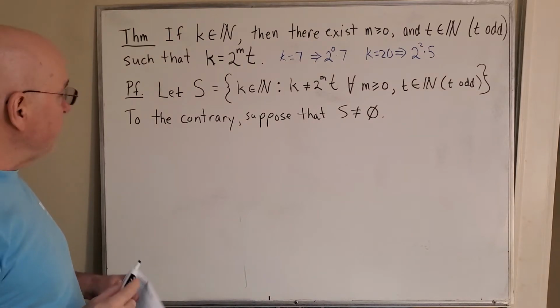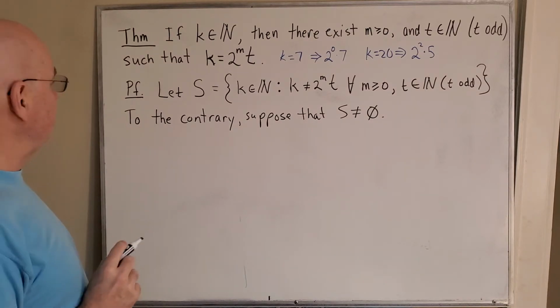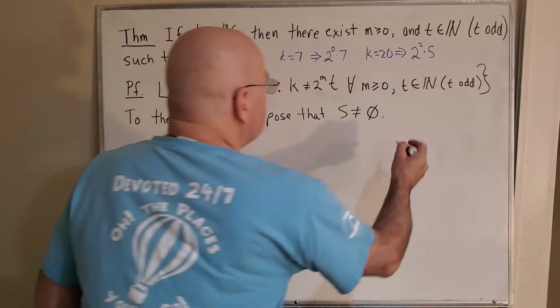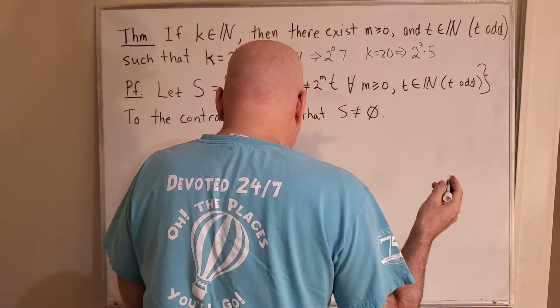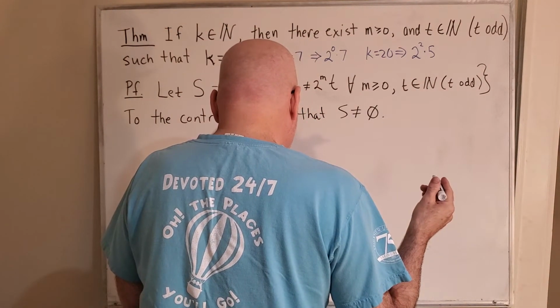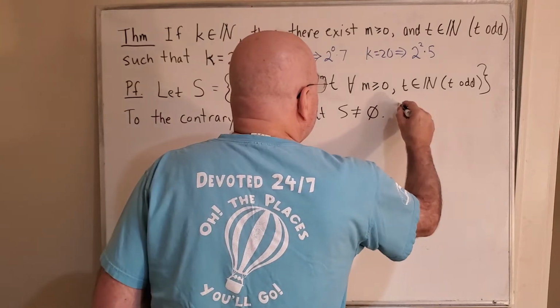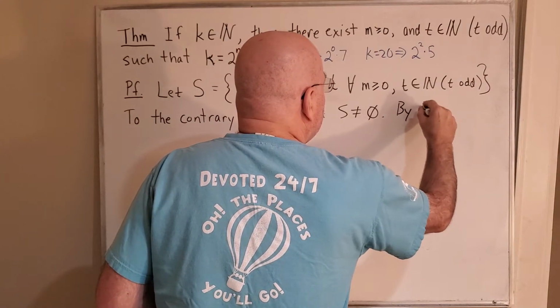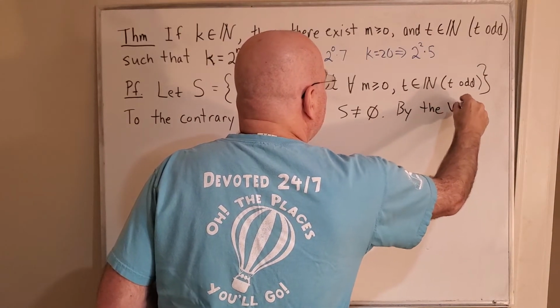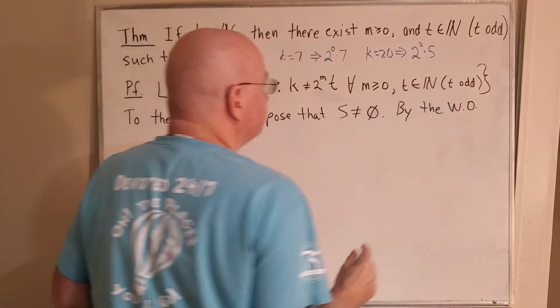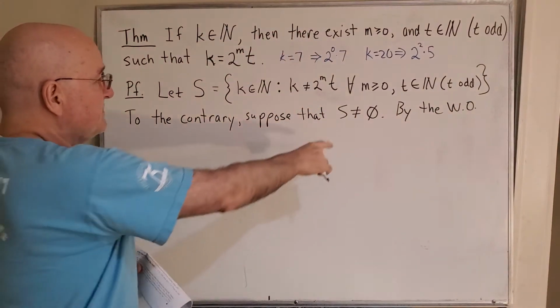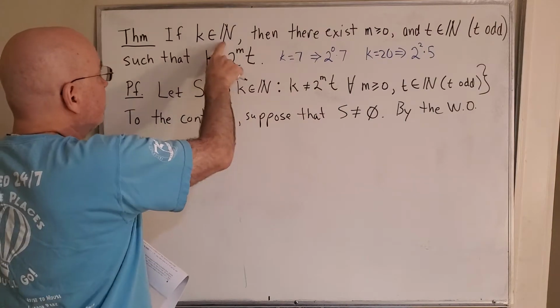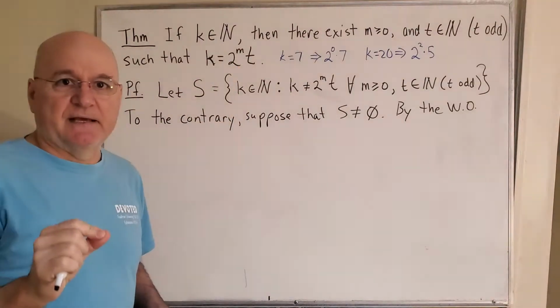So if it's not, that means there's at least one element in it. Since it's not empty, by the well-ordering principle, remember what that is? That means since S is a subset of the natural numbers, it has a least element.